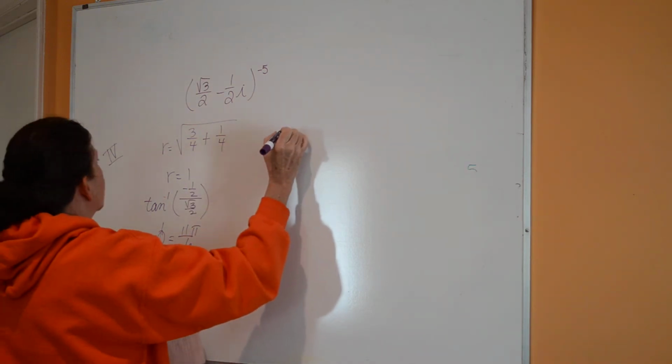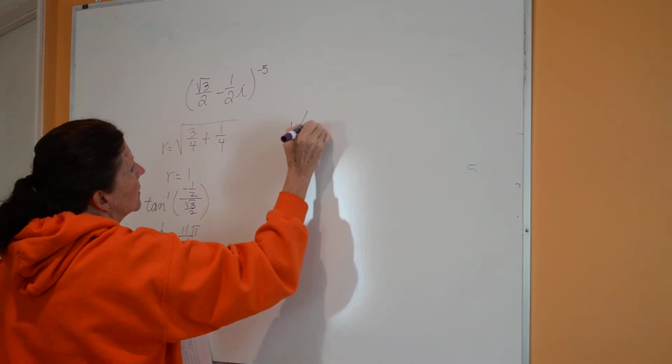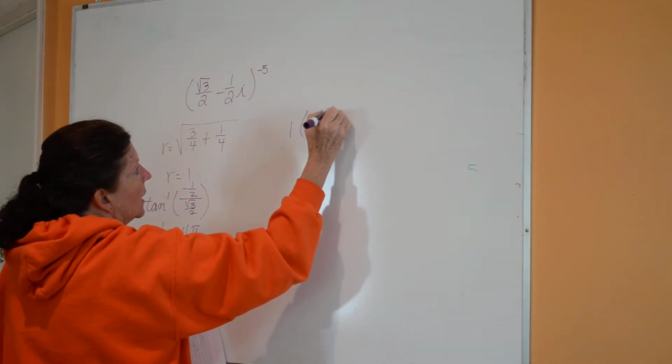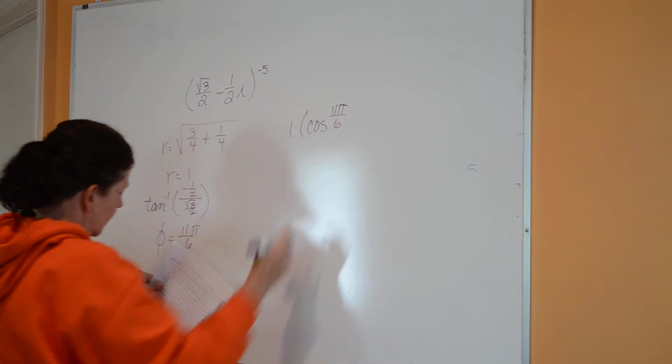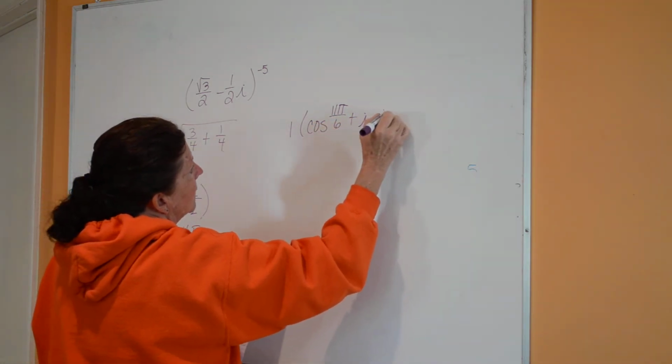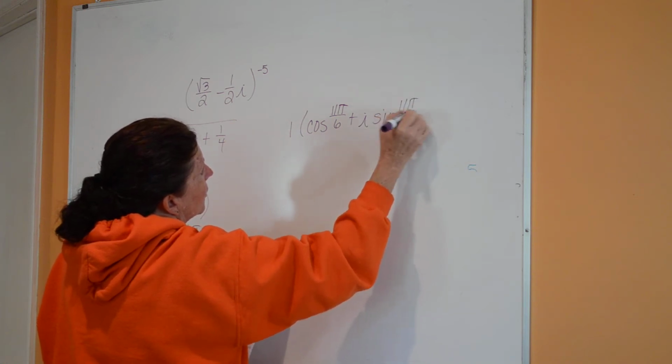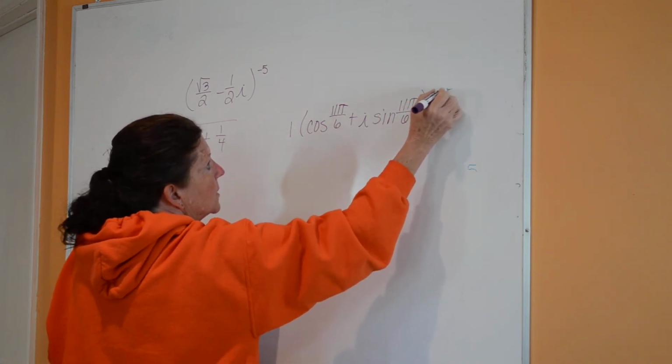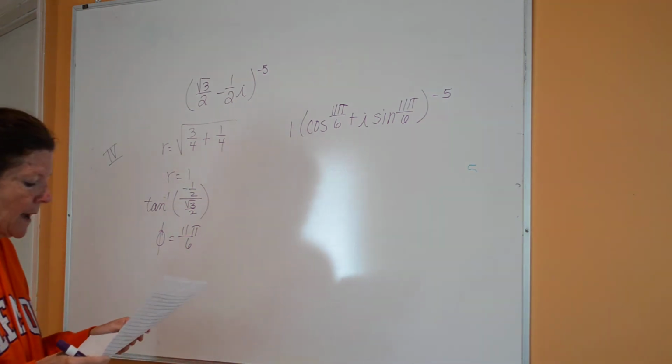So reworking it, I have 1 times the cosine of 11π/6 plus i times the sine of 11π/6, raised to the negative 5th power.